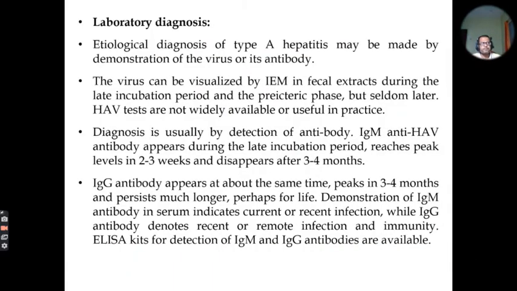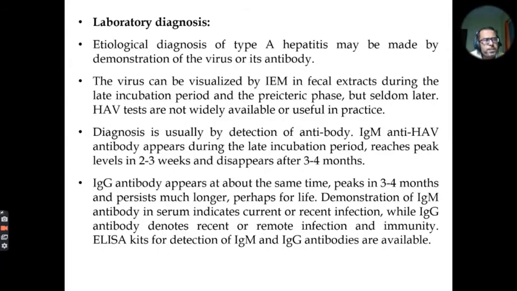Then the laboratory diagnosis. In this case, the laboratory diagnosis of this hepatitis A infection is made by two different methods. First is the demonstration of the virus. Second is the demonstration of antibodies in the samples taken from the patients.